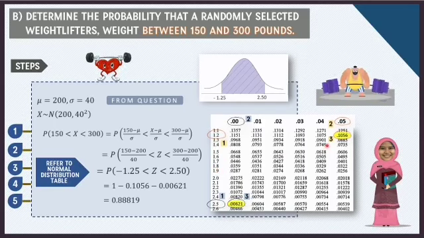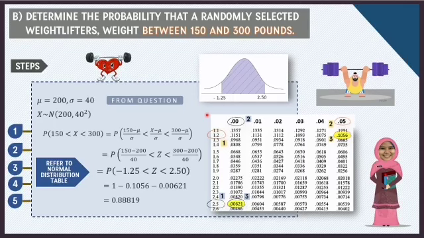The probability shown here is 0.1056. Next, we need to search for the second value of z, which is 2.50, and we gain 0.0062. After that, we proceed to sketching the normal distribution graph.